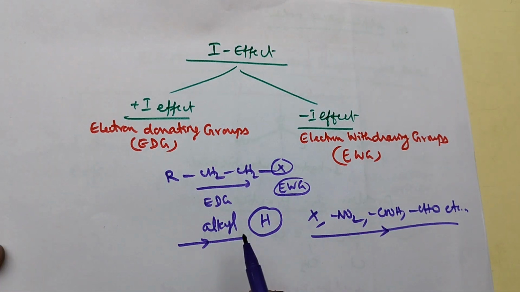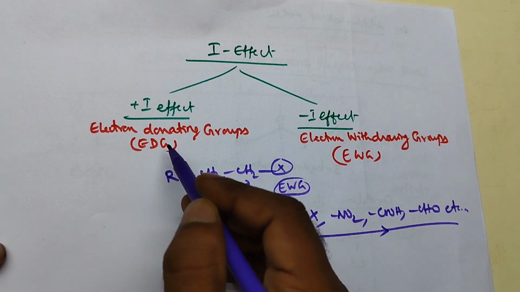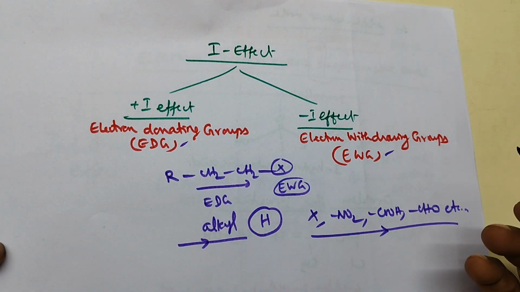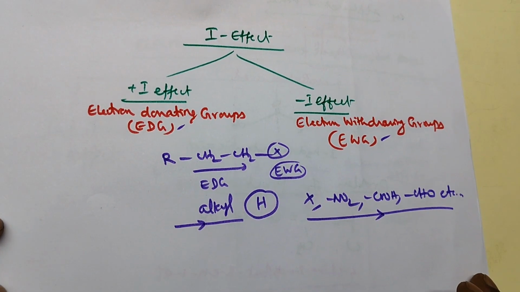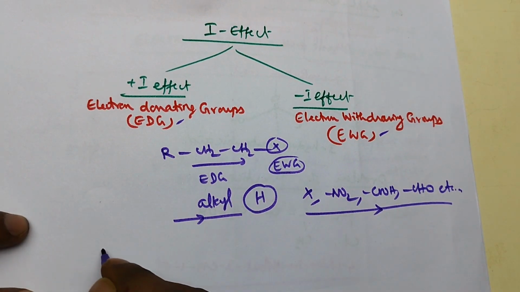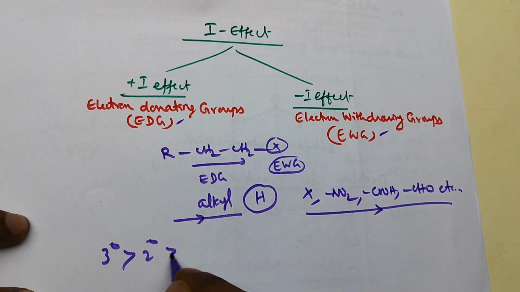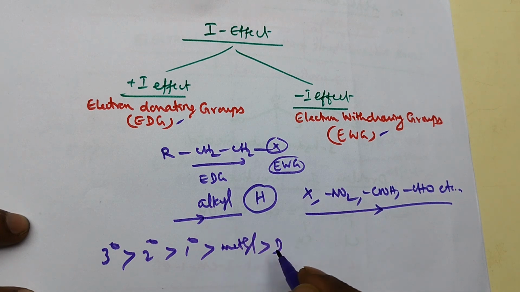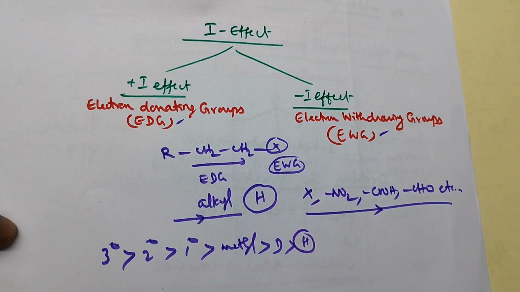Normally we represent electron donating groups as EDG, and EWG means electron withdrawing groups. Based on this, among alkyl groups, tertiary is more than secondary, more than primary, more than methyl, more than deuterium, more than hydrogen. That's the standard order.